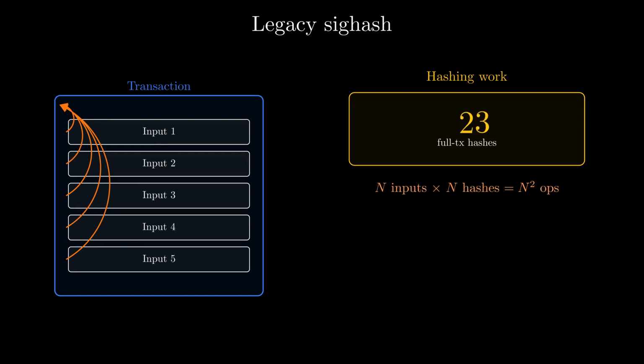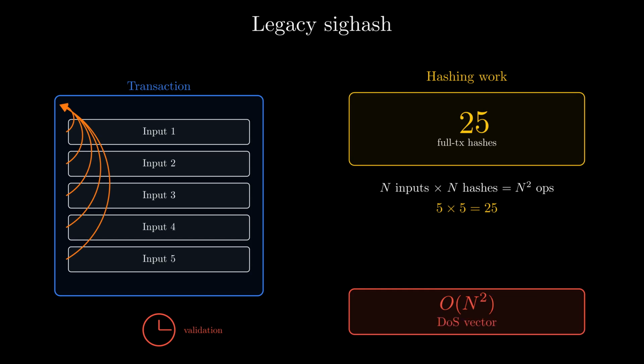That's quadratic work, order n squared. An attacker could craft one giant transaction with thousands of inputs and ping every node on the network for seconds. Validation slows to a crawl. It's a denial of service landmine sitting inside the consensus rules.